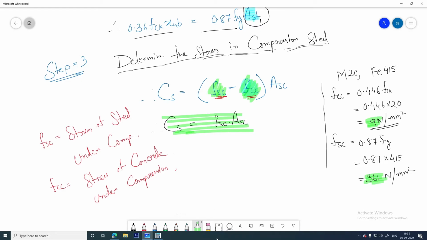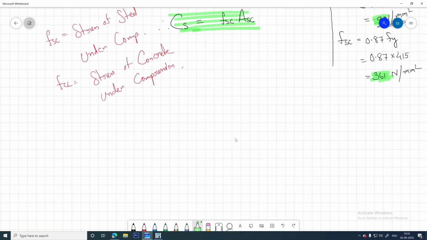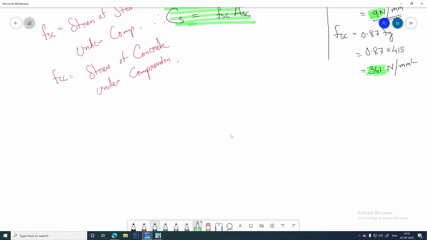Okay, so let us come to the next step, that is step number 4. So in step number 4 we need to find the mu2, that is the balance moment.